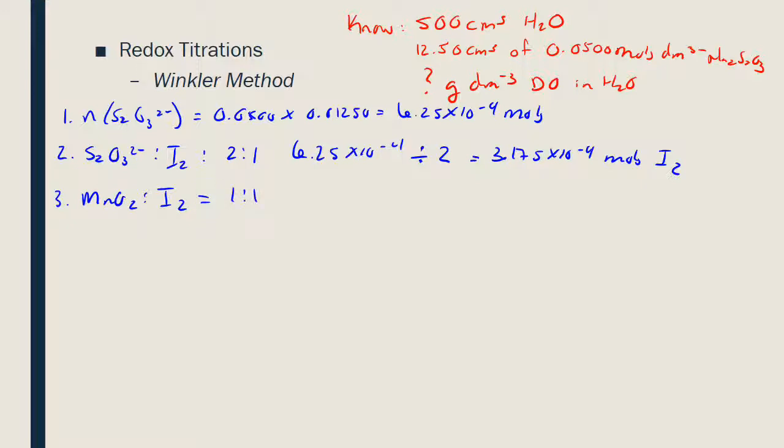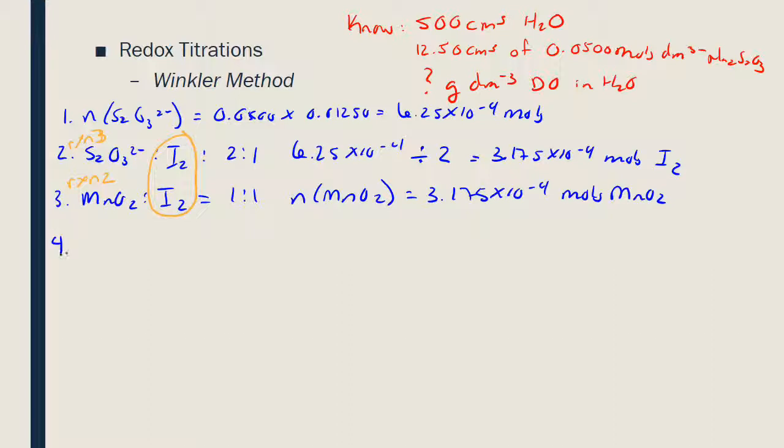It's a 1-to-1, so we've gone from reaction 3 to reaction 2, and if you notice between reaction 3 and reaction 2, iodine is our common compound. So it's a 1-to-1 ratio, so the moles of MnO2 is the same, 3.175 times 10 to the negative 4 moles of MnO2.